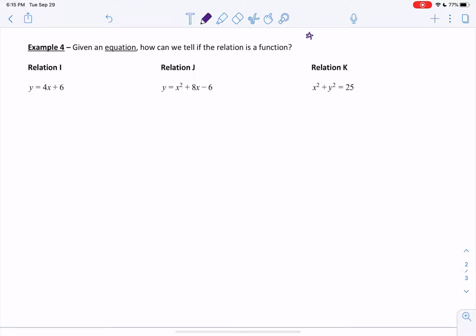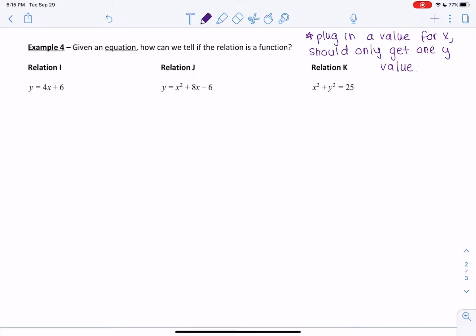So again, if I plug in a value for x, we should only get one y value. You'll see what I mean as we go through the examples.